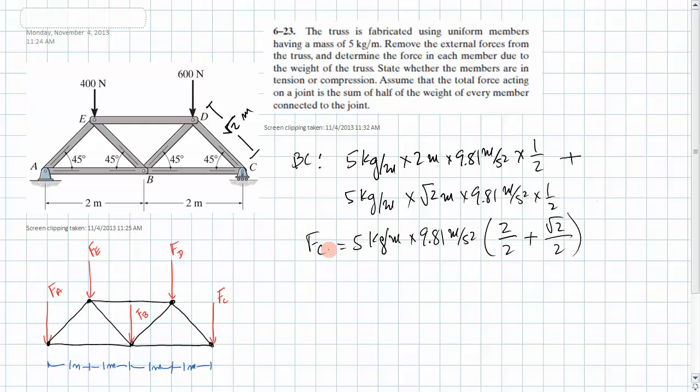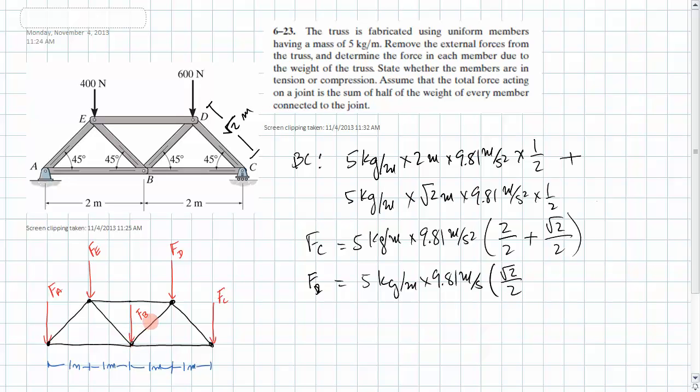Okay, what is FD? Well, FD then would be the weight due to this guy. So it's going to be 5 kilograms per meter times 9.81 meters per second squared, right? So this one here is going to contribute with square root of 2 over 2.